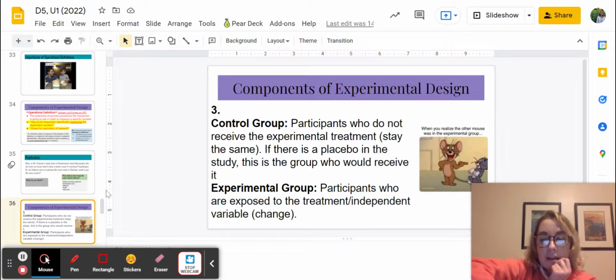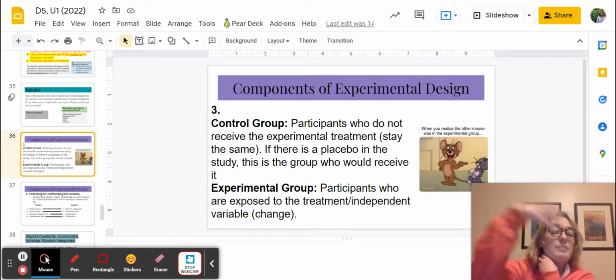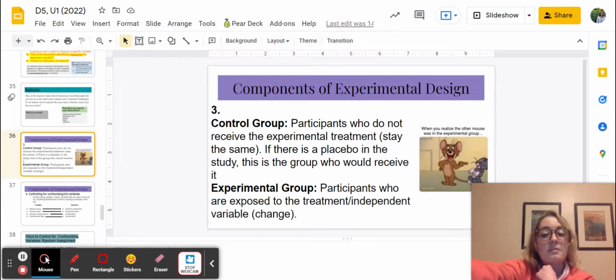So if we go back to our example of the light, if my classroom's normally dim, that would be the control group. And I'm introducing a change to see if I make my lighting more intense, if that's going to improve academic performance.